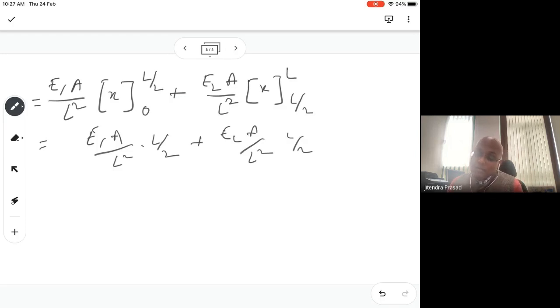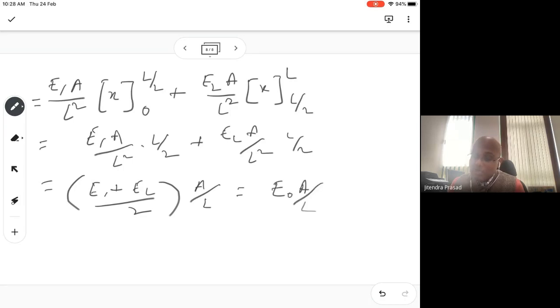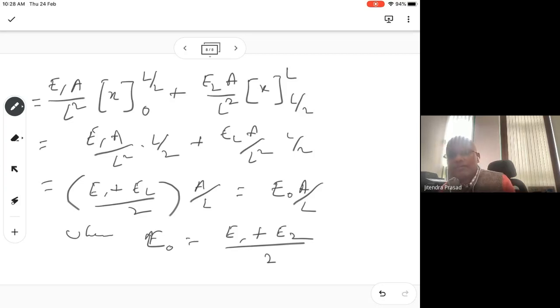So this will be simply E1 plus E2 divided by 2, the average of the two stiffnesses, times A over L. So it is equal to E equivalent, right? Let's call it E naught A over L, where E naught is equal to the average.